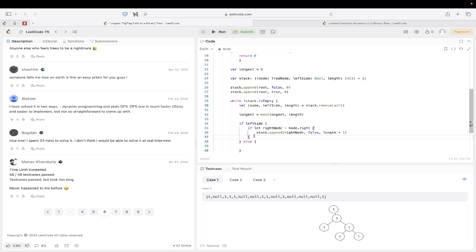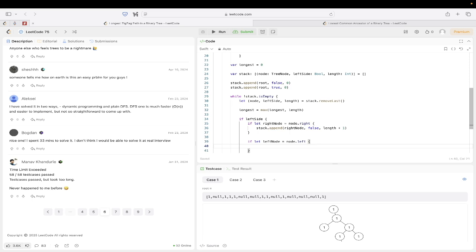Alright, so if it's a right node, we need to do one for the left too. Left, and this one we're not going to increase the length. We're just going to do stack append left node true 0.